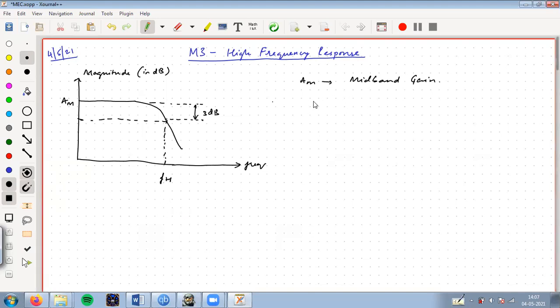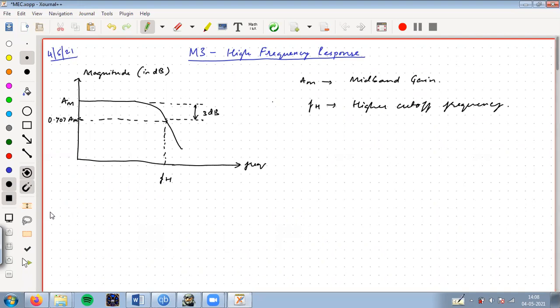FH here is the higher cutoff frequency. This will be 0.707, 3 dB, right?